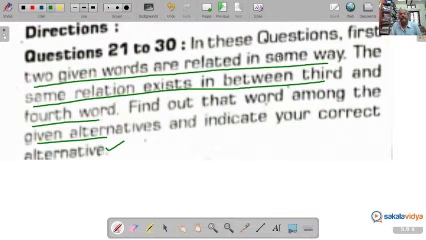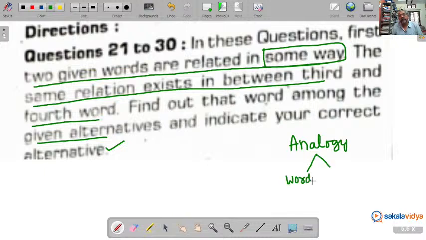The same way means, in logical reasoning, they are called analogy. Analogy. They may be word analogy, figure based word analogy, number analogy, or figure analogy. Analogy means same, you remember, analogous, same.